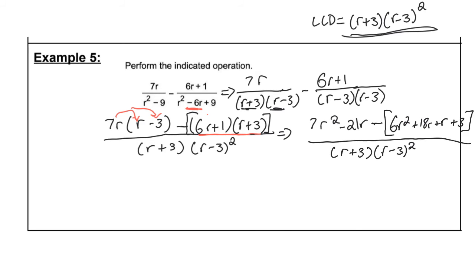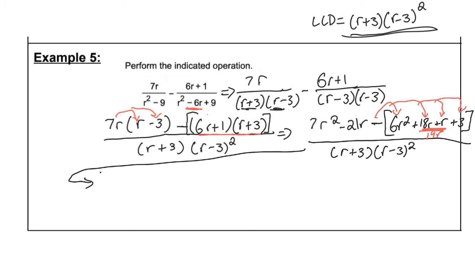Okay. Now, remember to distribute this negative sign to each term, right? If you want to combine these r's first, that's fine. So it would be 19r, and then when we distribute the negative, we'd just be subtracting it. Okay, so I'm going to move down here.